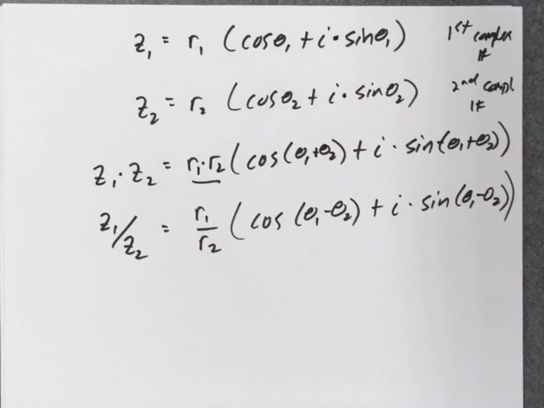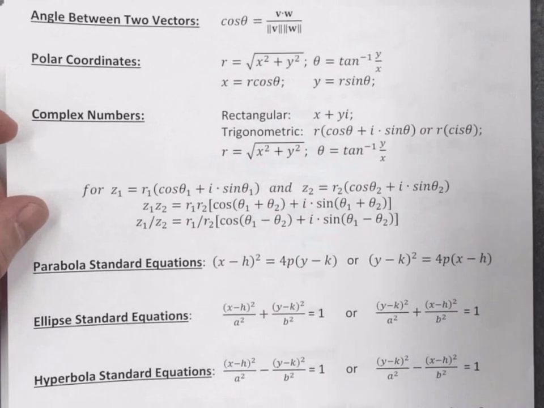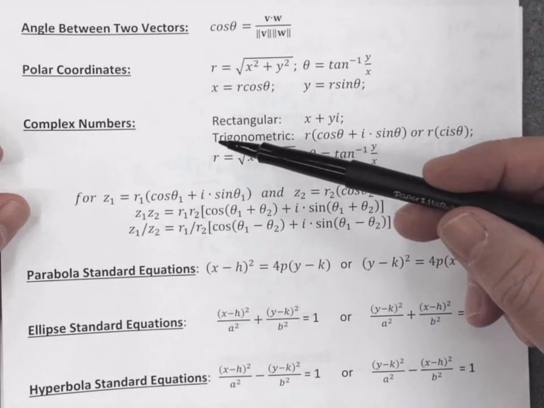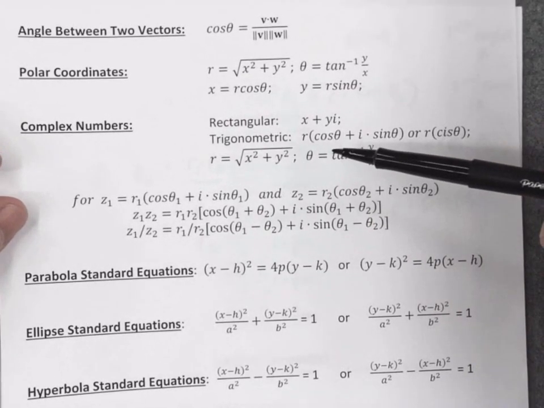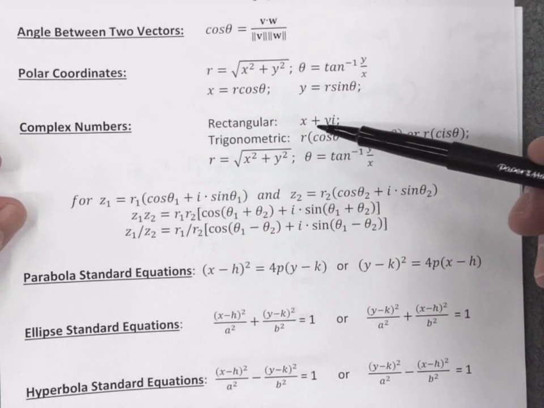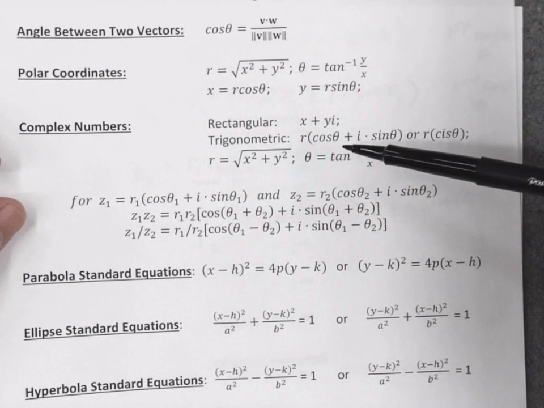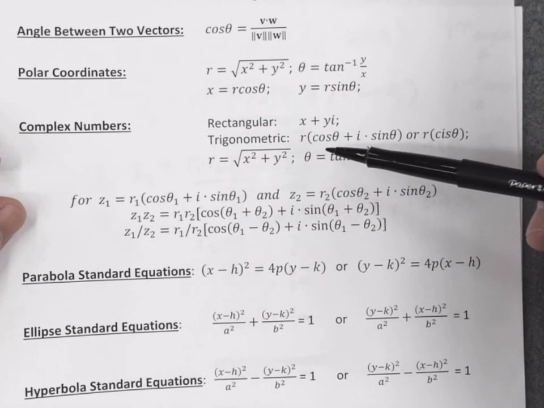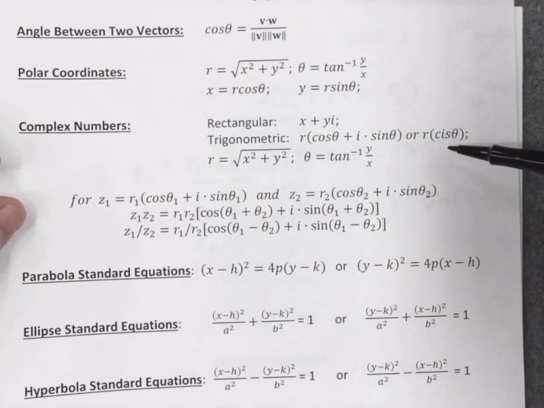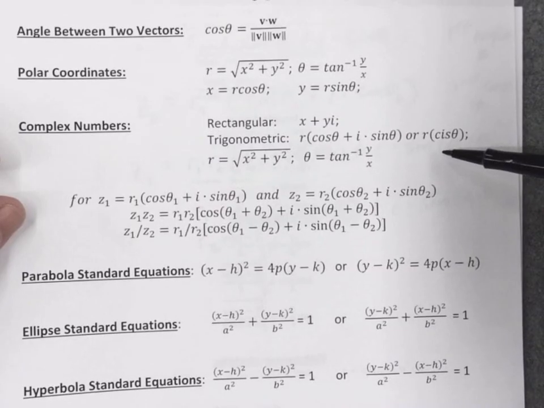And just so you know, I haven't shown you this, but for your homework and on the exam, there's a whole section now called complex numbers. And basically everything I've shown you is on here. Here's a rectangular complex number. Here it is written in trigonometric form, and I even wrote here the shortcut form.